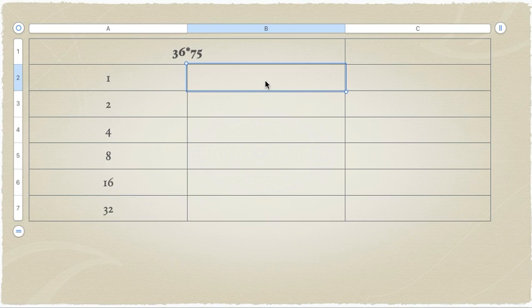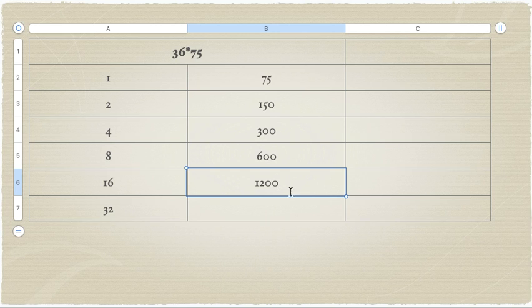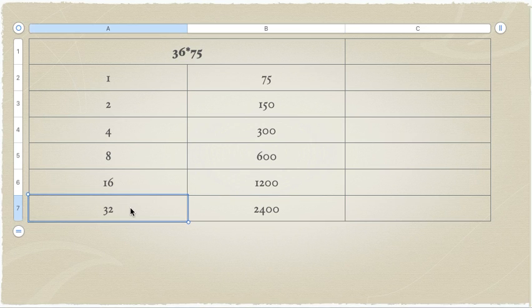So we'll start with 75. It comes from here, we double it, 150, then 300, then 600, then 1200, we got a 2400 here. So now we need to get a total of 36. So 32 plus 4, that's a 36.